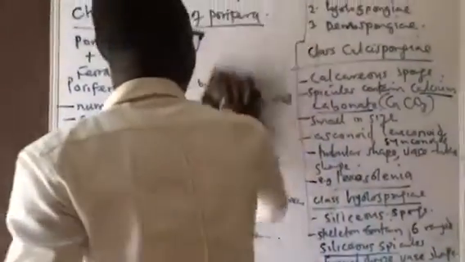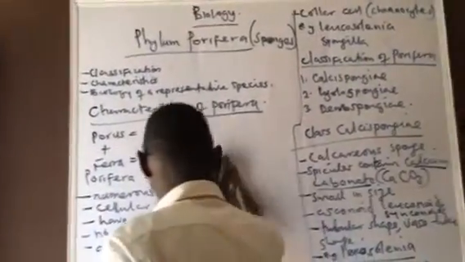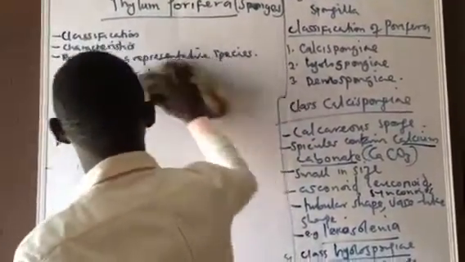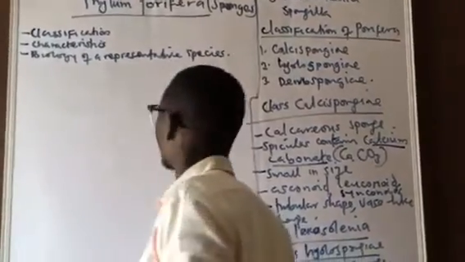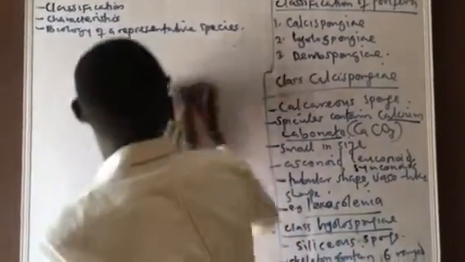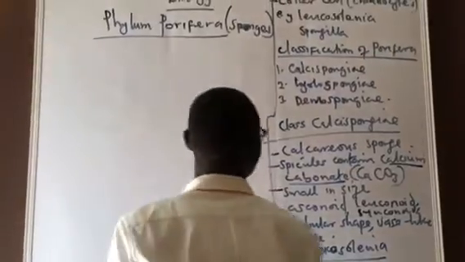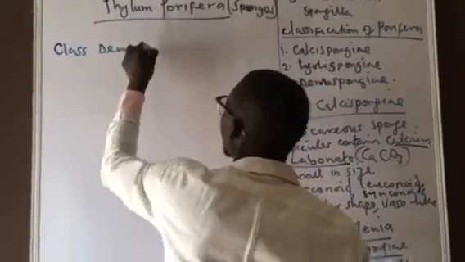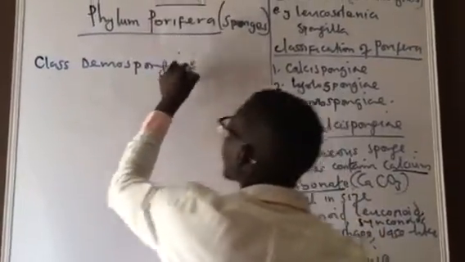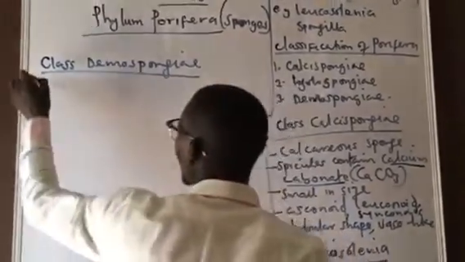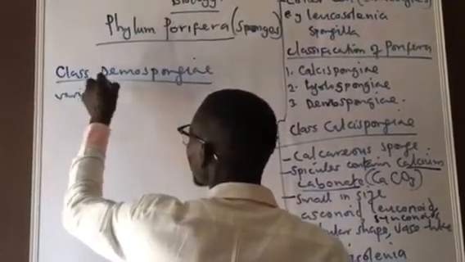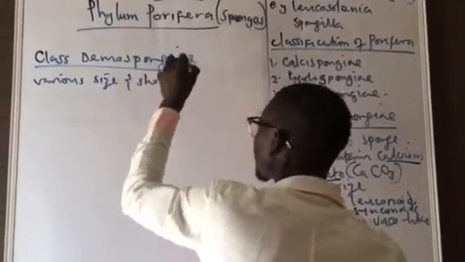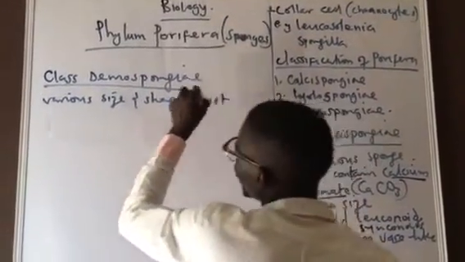Then the last class is called the Demospongi. The Demospongi have various forms. So we have the third group, the class Demospongi. The Demospongi has various groups or forms, various sizes and shapes exist in this group.